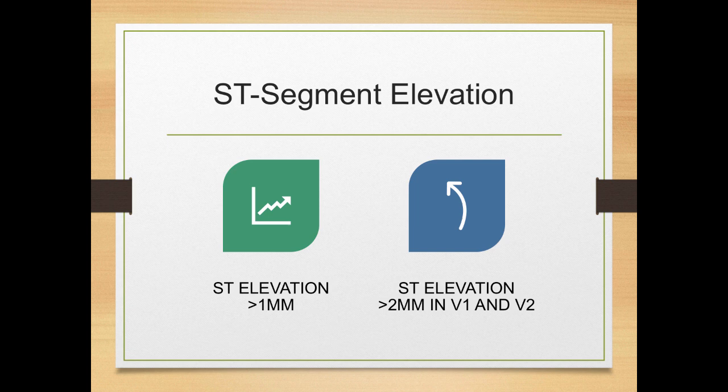So in V1 and V2, we don't call it elevated until it reaches 2 millimeters. So in just about every lead, 1 millimeter or greater of ST elevation is significant, but in V1 and V2, we need at least 2 millimeters of elevation to call that ST segment elevation significant.